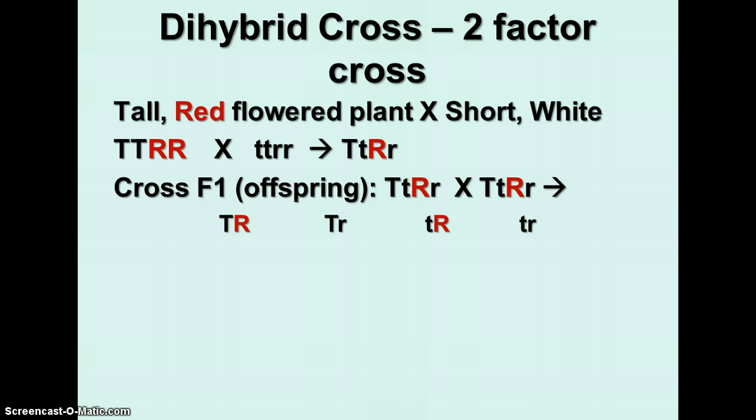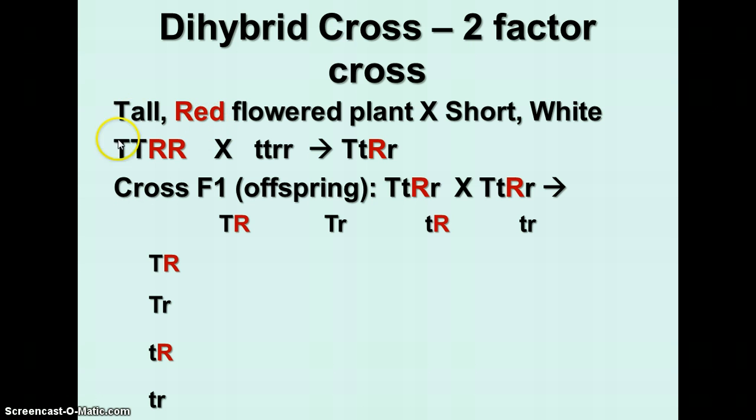You will write in your parental gametes for each one. Each gamete is going to have one copy of each, one of the combinations, okay? And the way you do this is the same way you multiply binomials in math using the FOIL method.